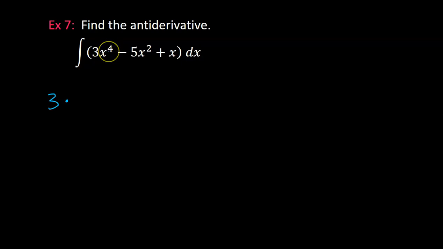So we increase the exponent by 1, which will give us x to the 5th power, and then we divide by that power. Moving on to the second term, the negative 5 will just remain out in the front. Now here comes the power rule. Increase the exponent by 1, and then divide by that power.